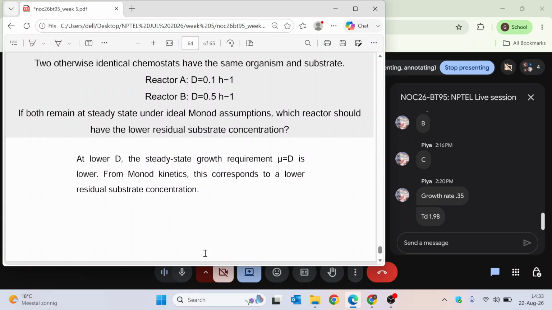At lower dilution, the steady state growth requirement, mu equal to D, is lower. So from Monod kinetics, this corresponds to a lower residual substrate concentration. So A will have the lower residual substrate concentration.